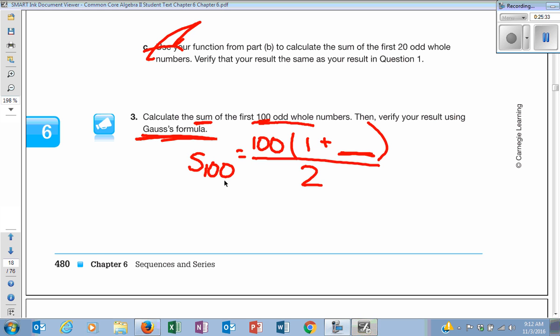So you're going to have to calculate, using that formula from above, the 100th odd number. That's going to look something like 2 times 100 minus 1. And so that should get you started enough. By the way, the answer for this problem should end up being 10,000.